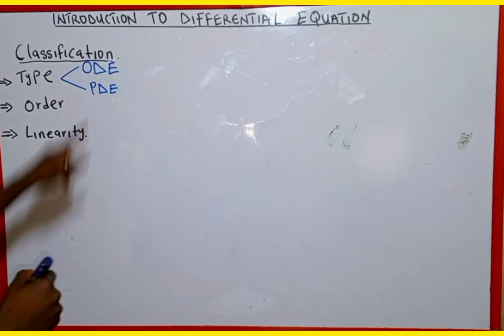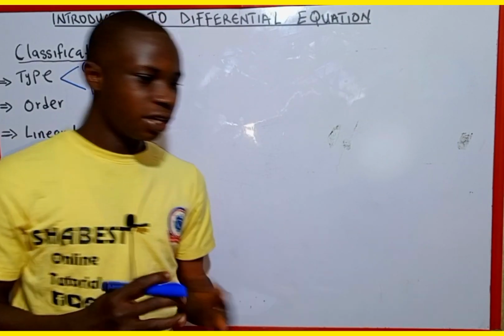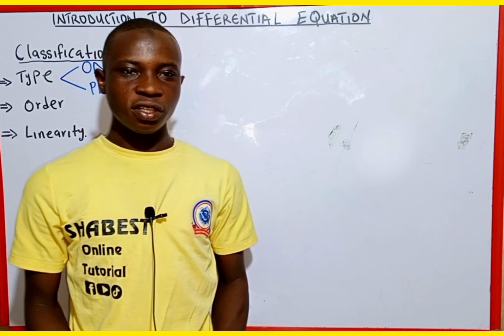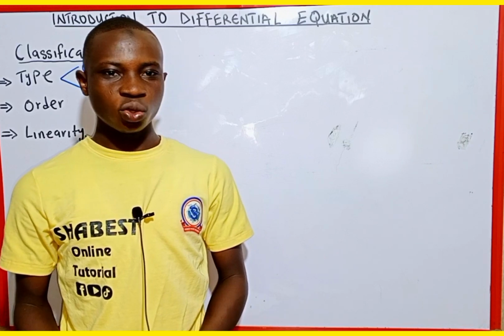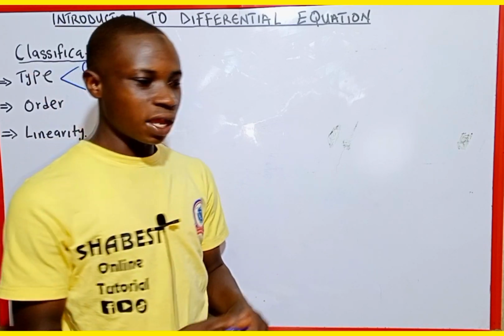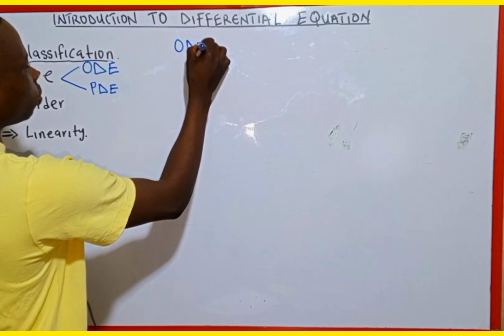We're going to start with the ordinary differential equation. An ordinary differential equation is an equation that contains the derivative of one or more dependent variables with respect to a single independent variable. So we're going to give examples.